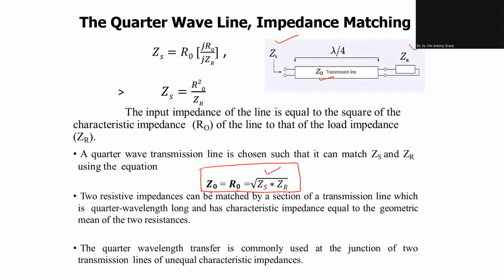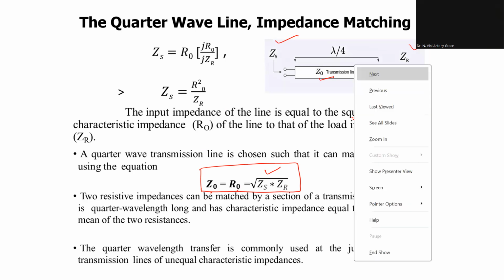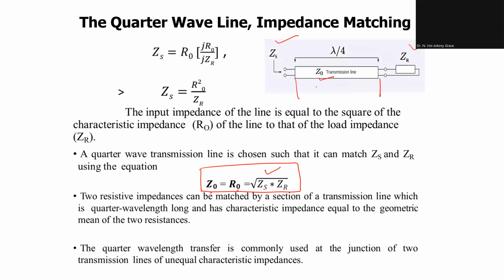From this we can say that if we insert a short piece of a transmission line of length equal to lambda by 4, whose characteristic impedance Z0 is equal to root of ZS into ZR, then we can ensure that the source impedance will be made equal to that of the load impedance.